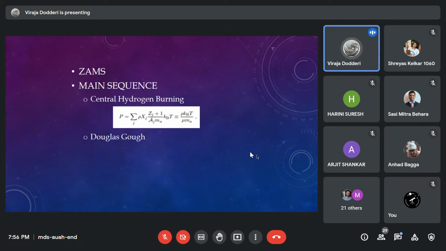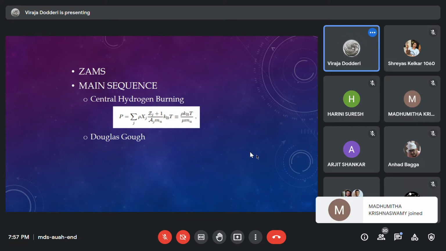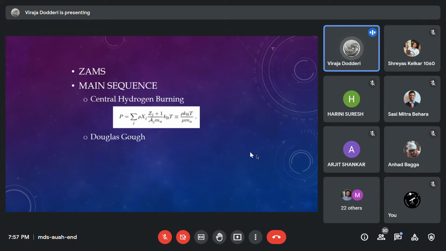To make sure that this doesn't happen, when the core contracts, the outer layers around the core expand, and through this the temperature is not completely focused on the core, and there is just enough temperature in the core for the nuclear reactions to take place. This is extremely important because in high mass stars there are the CNO cycles. The CNO cycle is extremely temperature sensitive. We'll come to CNO cycles eventually.